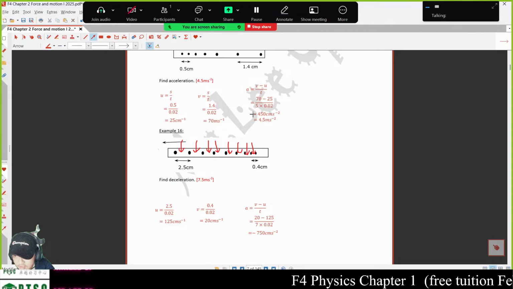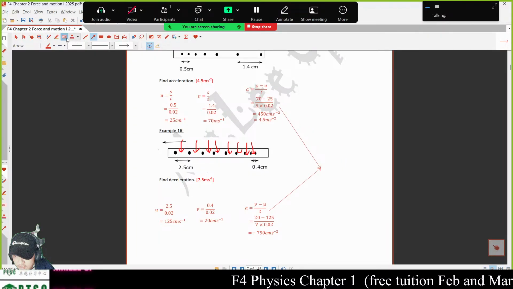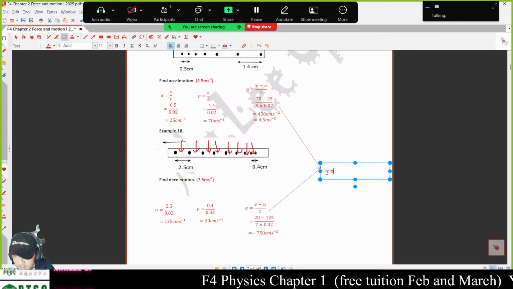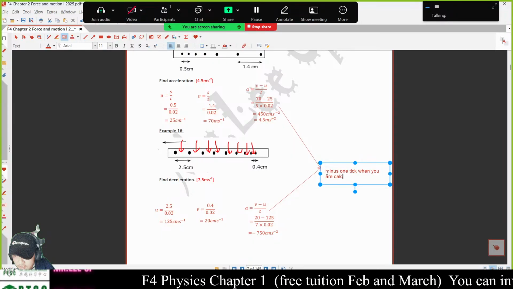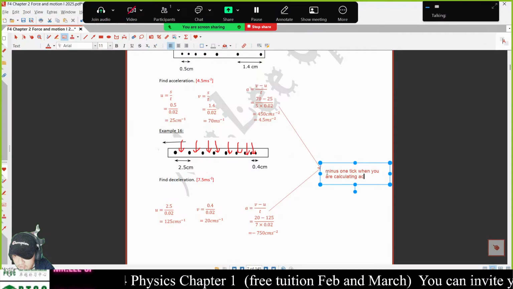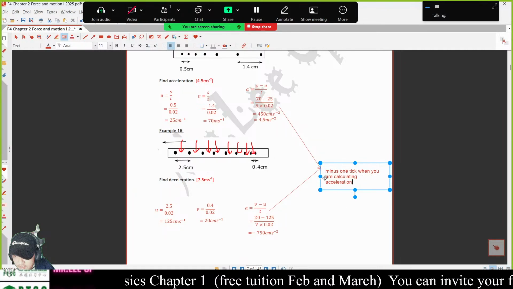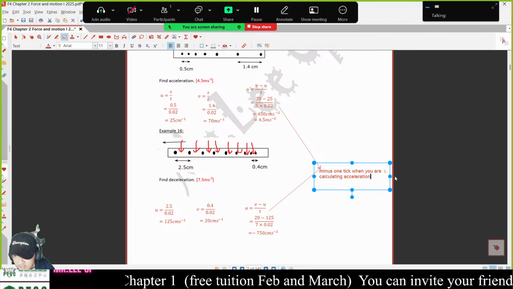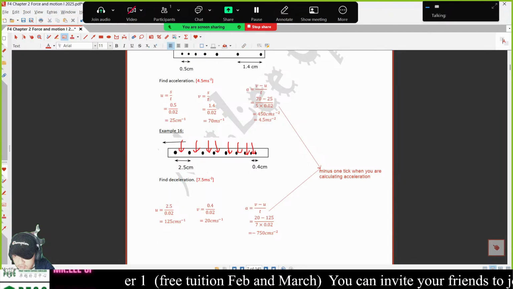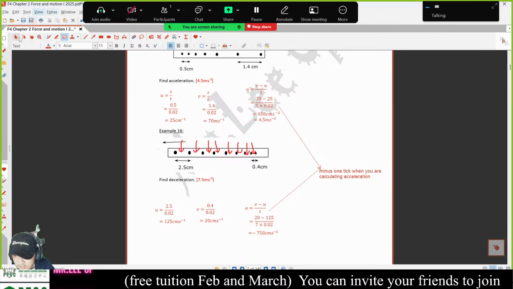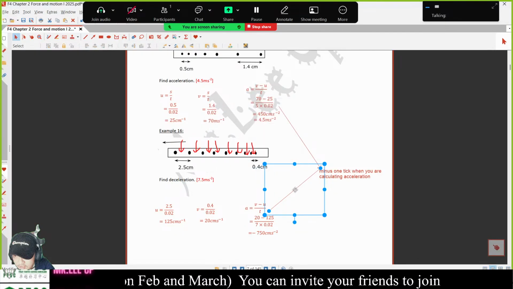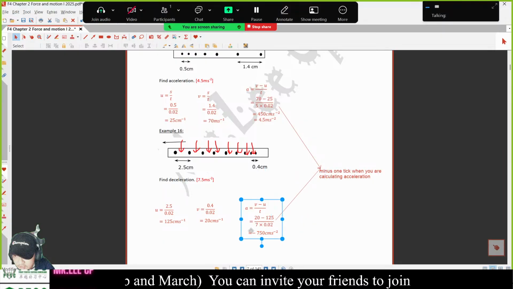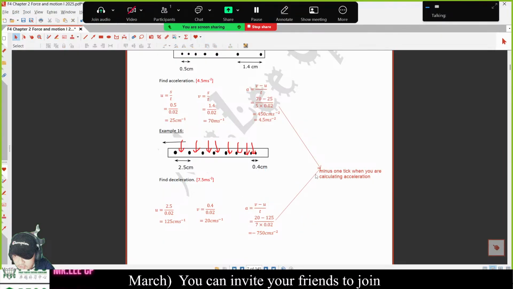So I make a short note for you here: when you are calculating acceleration or deceleration, you need to minus 1 tick. Here, minus 1 tick.